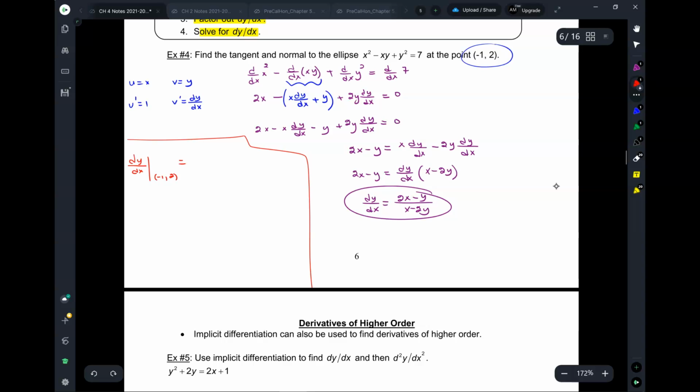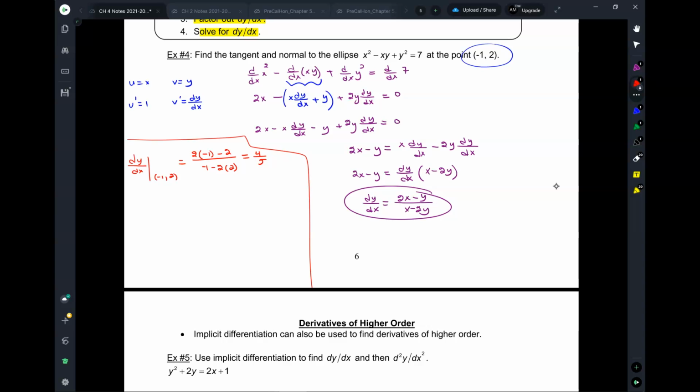And that's going to be 2 times x, which is negative 1, minus 2, over negative 1 minus 2 times 2. My math senses are telling me that's 4 over 5. Yeah?